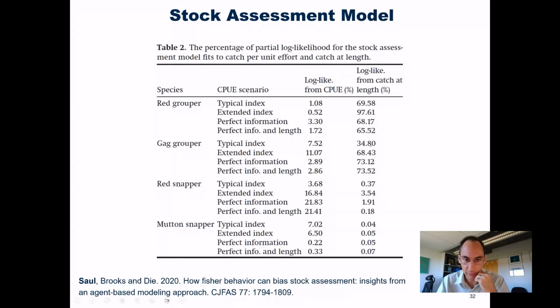Less of that error is explained with other indices. And then the length distribution really mattered. So the model had a hard time, especially with red grouper and gag grouper, recreating or capturing the demographics of the population structure.